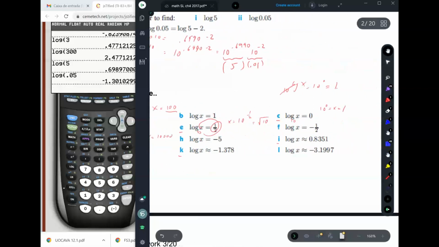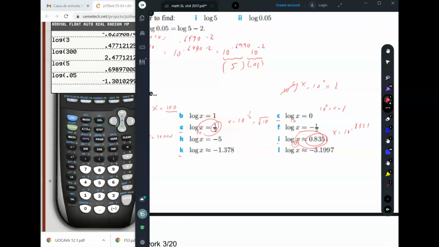And I. Log of x is equal to 0.8351. That's another way of saying 10 to the 0.8351 is equal to x. So x is equal to 10 to the 0.8351. By the way, if you look in the formula booklet, it gives you this relationship.